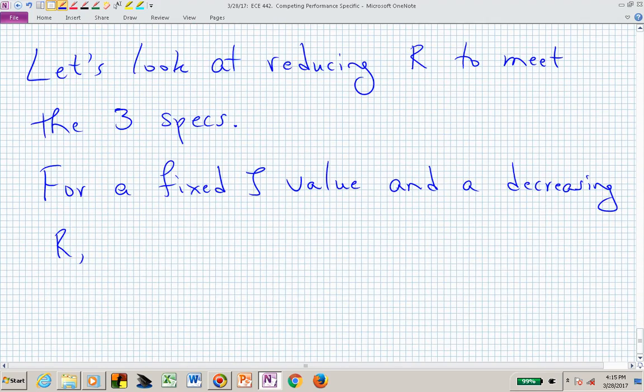So for a fixed damping ratio, or a fixed logarithmic spiral, and a decreasing r, theta sub d, the angle, actually increases, which is what we were wanting to have happen.